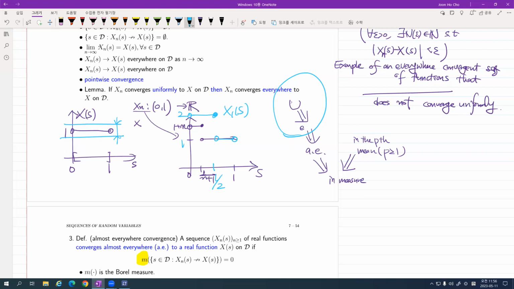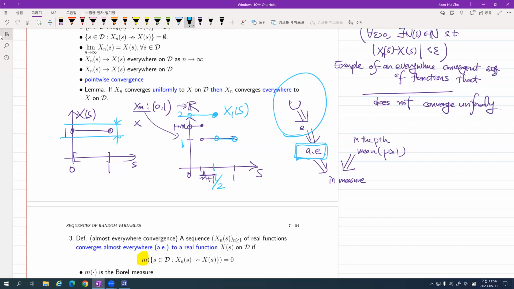Now, as you've seen here, we are going to relax the everywhere convergence to almost everywhere convergence. Actually, that is easy because as we've done for the everywhere equality of two functions, which we relaxed to almost everywhere equality of two functions, we can do almost the same thing very straightforwardly.